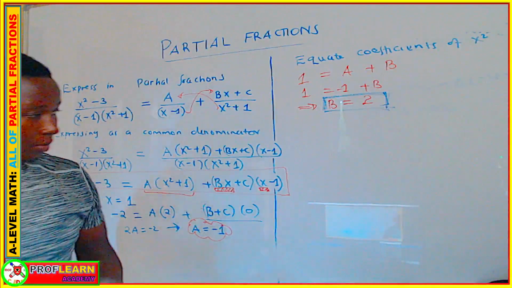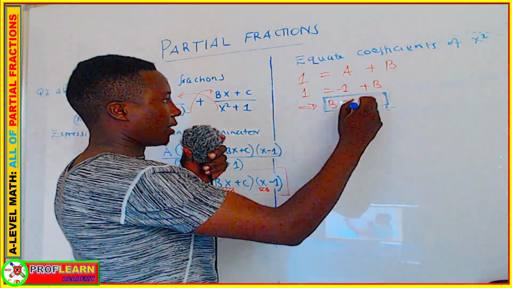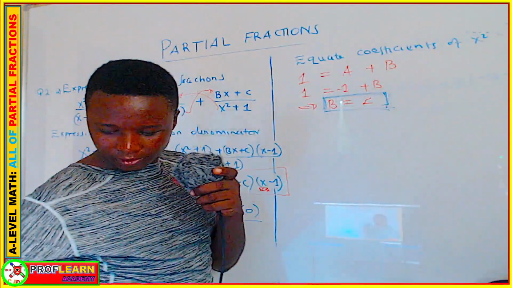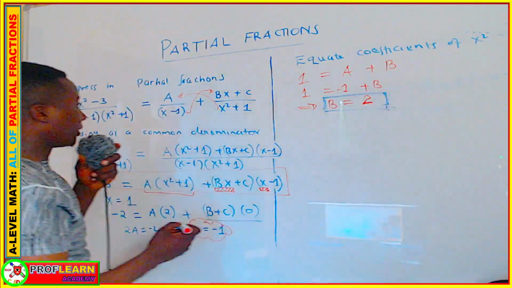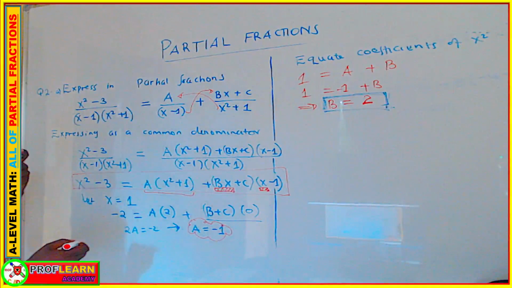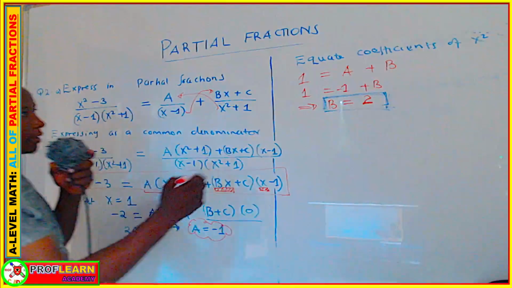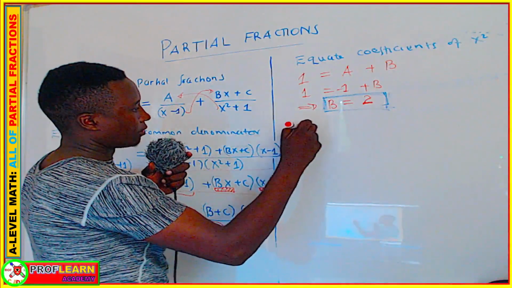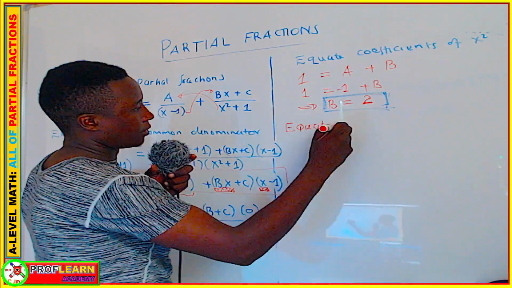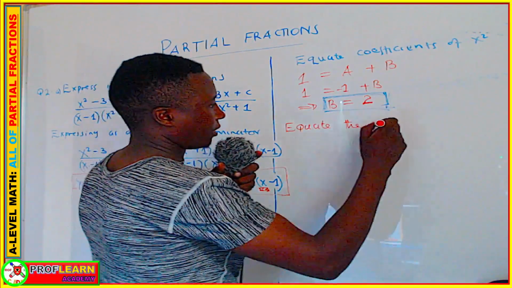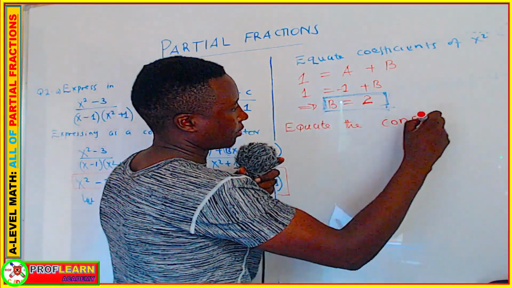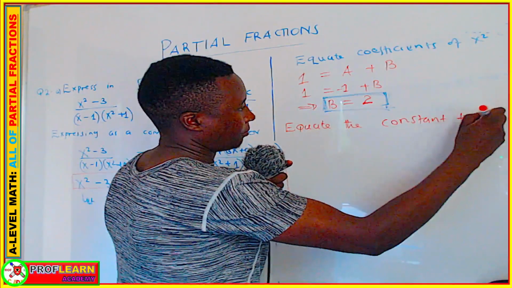So what I was saying is that now our b actually is 2, as you can see from this particular point. So the next thing we need to look at is how to find c. And c can be easily found by equating the constant terms.